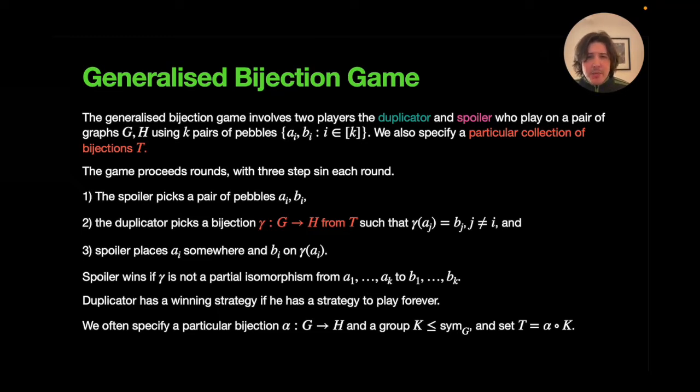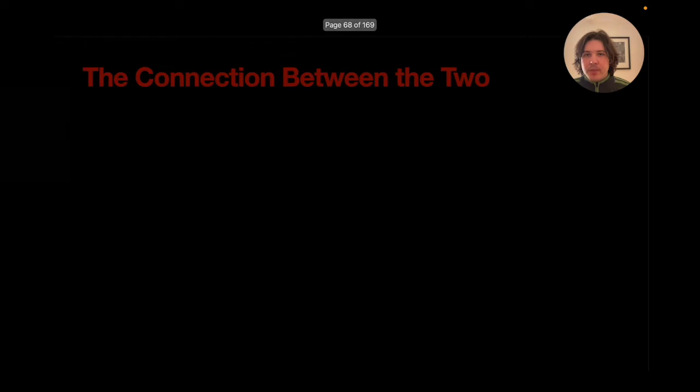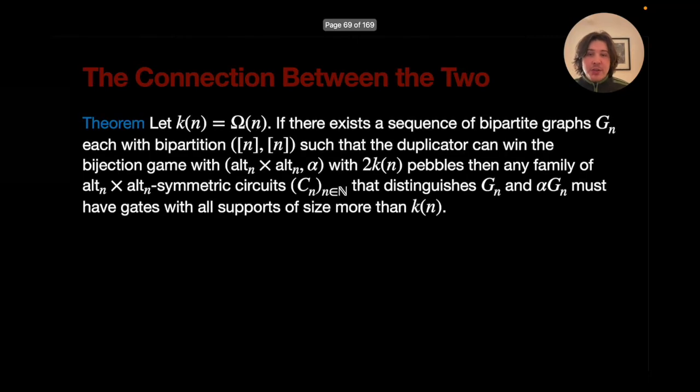And indeed, in this paper, we are often interested in just taking a single graph and then taking a set of automorphisms directly. The connection between the two is a little bit long to frame. And here I framed it in almost exactly the way we're going to use it today, rather than in the slightly more general way it appears in the paper.